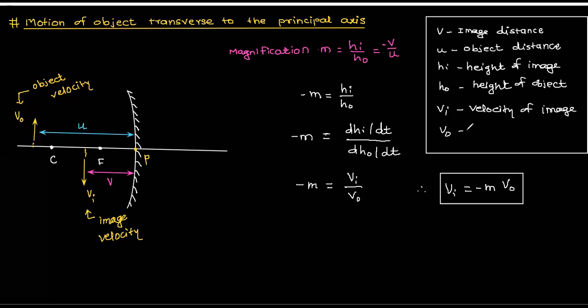And V naught is velocity of object, right? So note down. Okay, right? Understood? Let's move ahead.